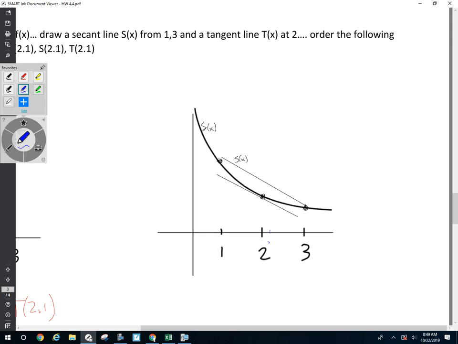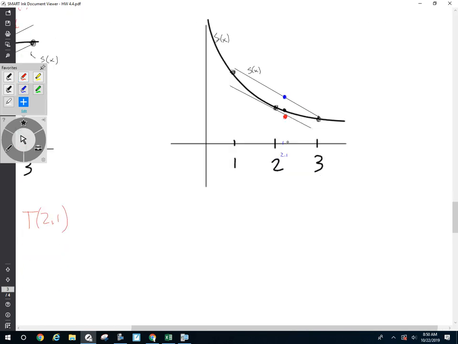When x is 2.1, s would be right there. I got f of 2.1 right there. And I got t of 2.1, which is right here. So from least to greatest, now my tangent approximation is under my actual function value. And if I used a secant line to do approximations, it would be over.